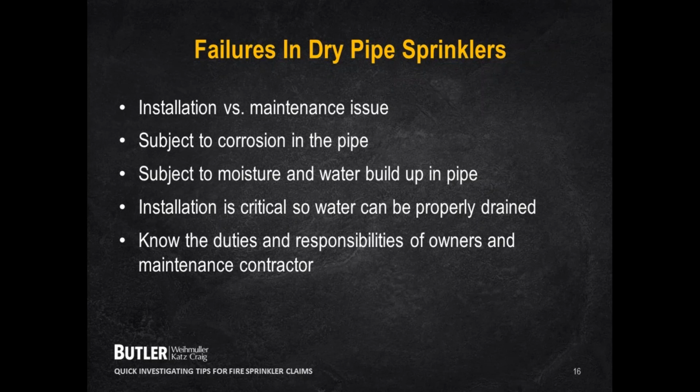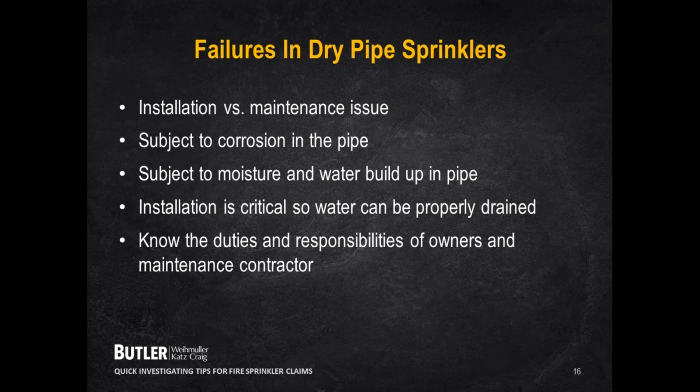That's going to be an issue that hopefully can be clarified for you by your fire sprinkler protection engineer. They know what to look for as far as the sloping and then the maintenance and where the water accumulated in the particular system that caused the failure.